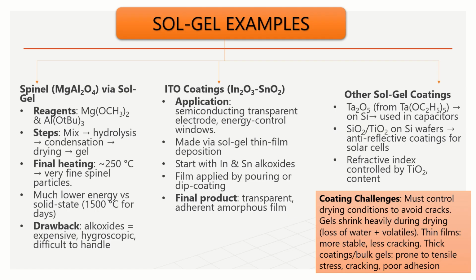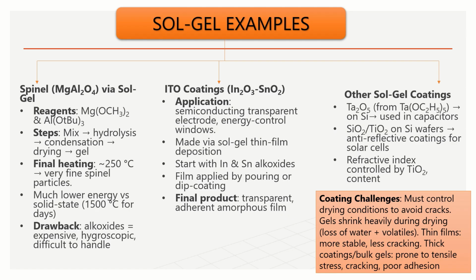The other example is ITO coating, or indium tin oxide coating. ITO is a transparent conductor which is used in touch screens, solar panels, and energy controlled building glass. To make ITO coating, we use indium and tin alkoxide. We either pour the sol on the substrate or dip the substrate into the precursor.